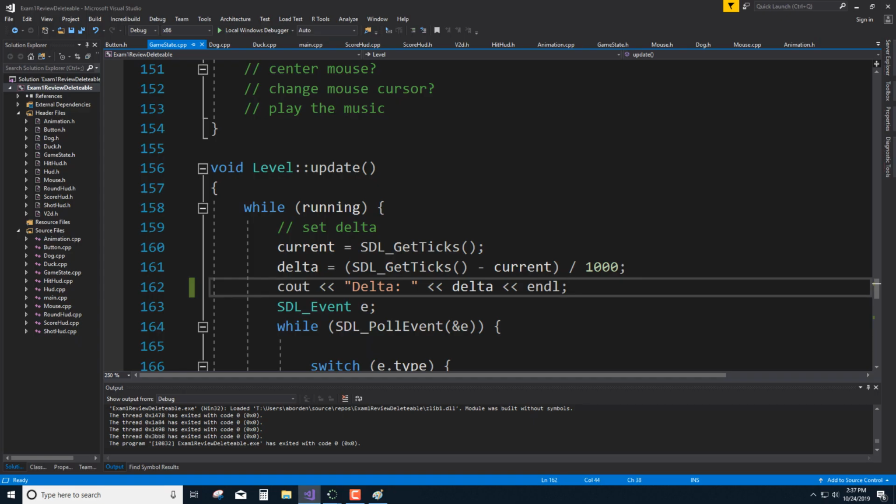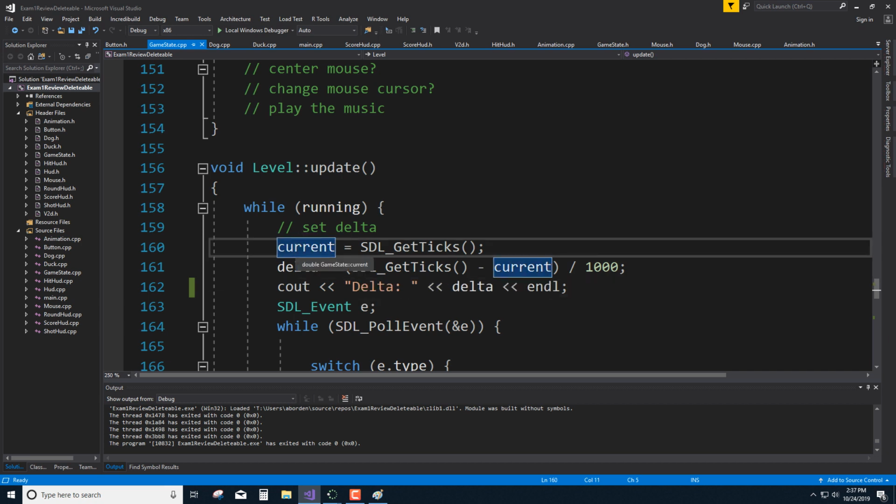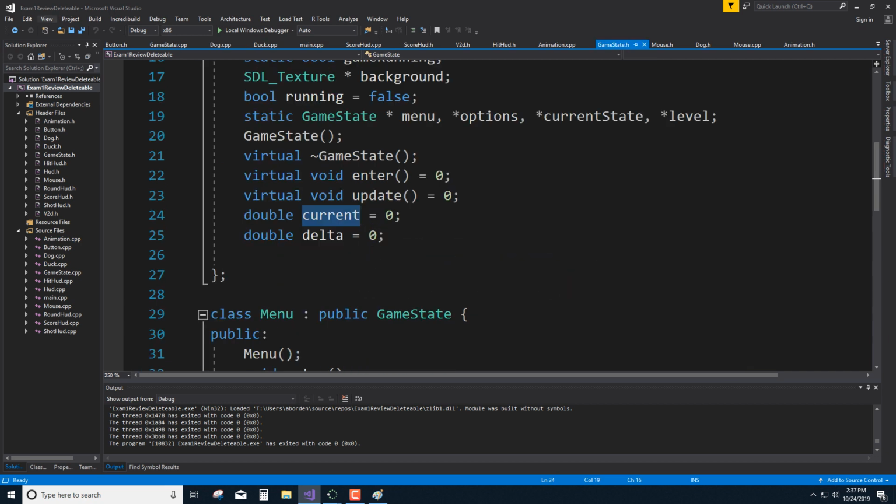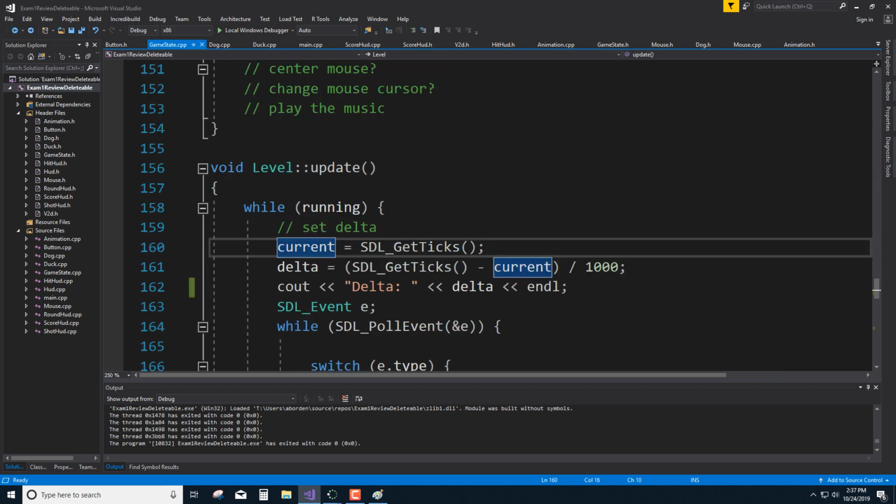Put delta in update in the game state CPP. It's like all the way at the bottom with duck pointing to update. Those are doubles. Get the time. So it's like 5. It's in the game state CPP. Equals 6 minus 5. 1 divided by 1,000.